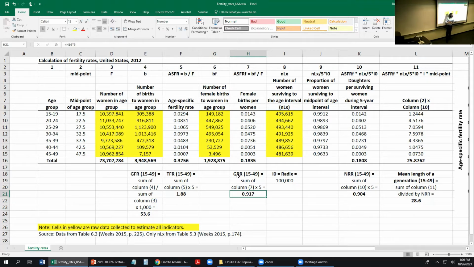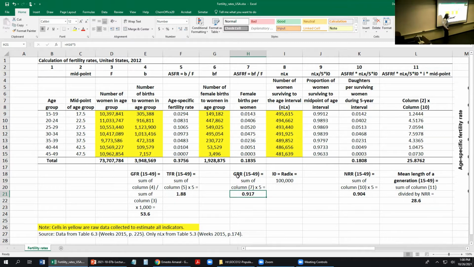But just imagine, if we have 100,000 women being born, and none of them die until they reach age 15. And in this age group, we have five single ages from 15 to 19. So if none of them died, this number here would have been 500,000, right? The 100,000 times the width of this age group.